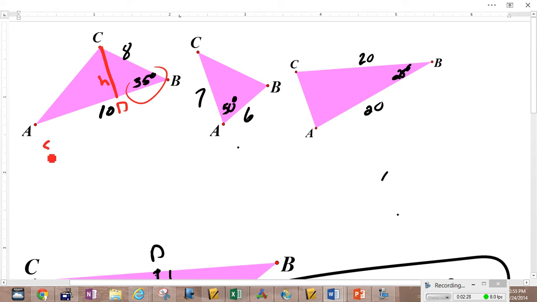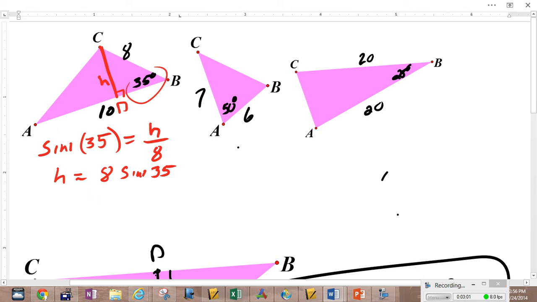Yes, because I could say that the sine of that 35-degree angle was equal to what? The opposite, which is H, over 8, which is the hypotenuse relative to that newly created right triangle there, so that the height is equal to 8 times the sine of that angle of 35, okay?